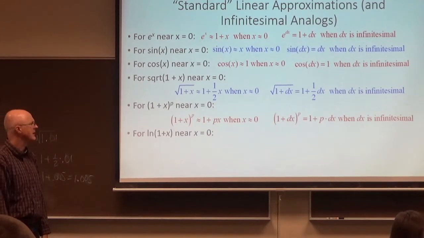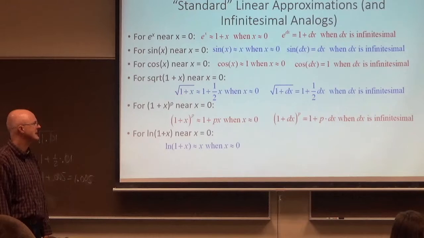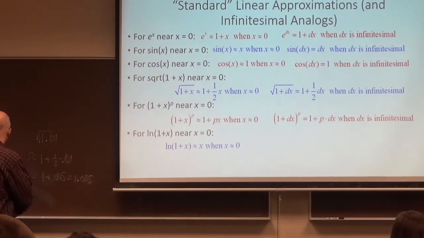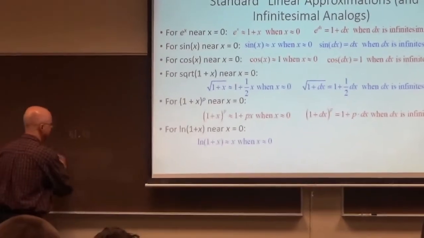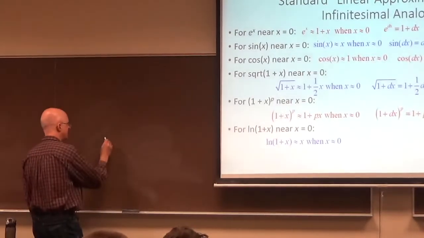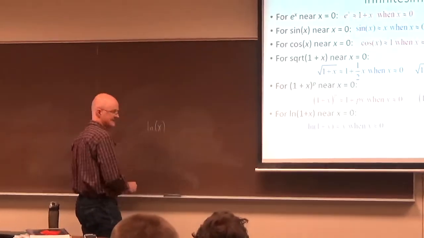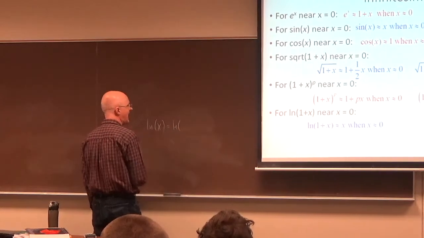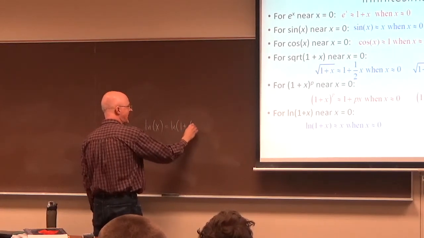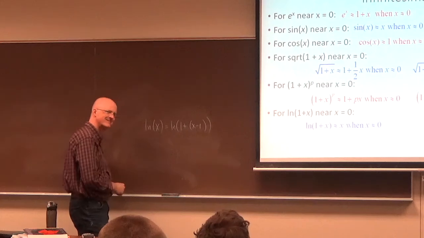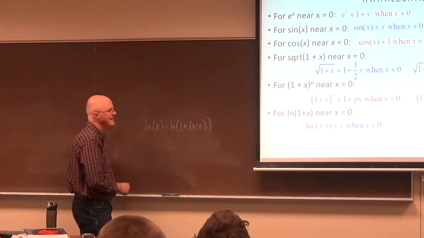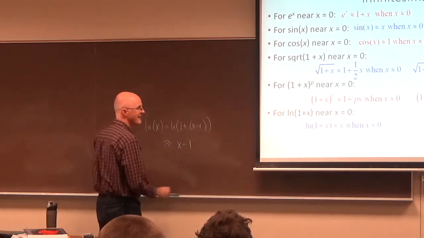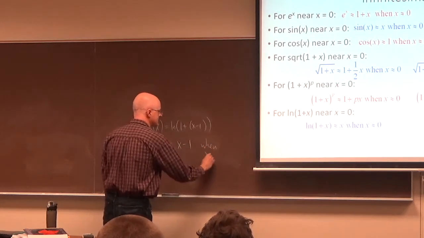Natural log of 1 plus x turns out to equal approximately x when x is close to 0. That also means, by the way, that natural log of x, since x could be thought of as 1 plus x minus 1, little trick, would be approximately equal to x minus 1 when x minus 1 is approximately 0.